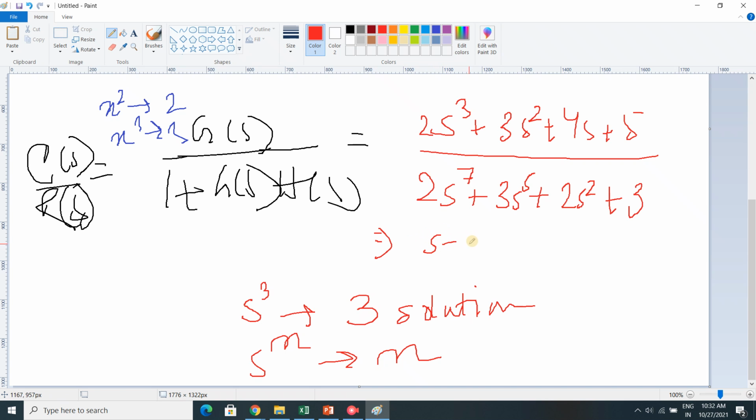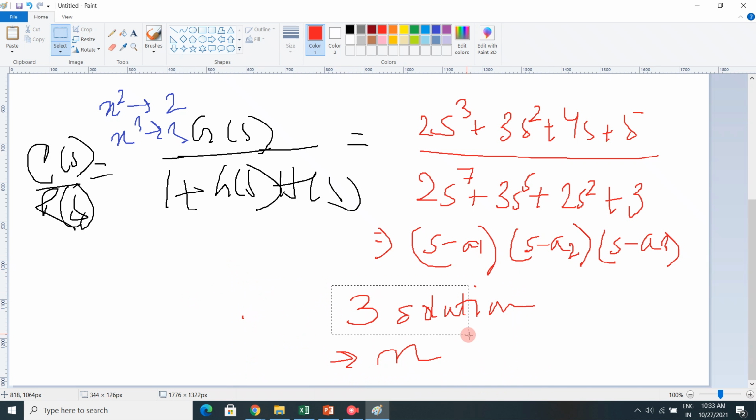So this equation can be modified and written like this: s minus a1, s minus a2, s minus a3. What does it mean? It means that these are the solutions.